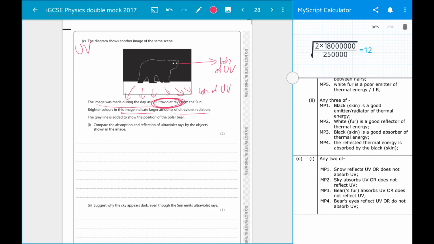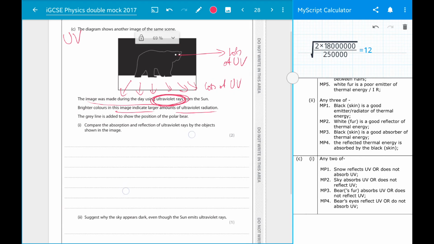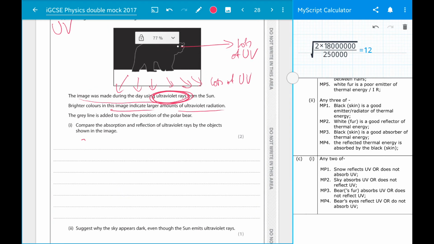So if the camera is receiving lots of UV, it must be because UV is not being absorbed by those objects. If you have UV going into that object and staying there, it's not going to come out again. So UV is being reflected off the snow and the eyes, or being given out by the snow and the eyes, which is not the case. It's actually being reflected. So the sky must absorb UV.